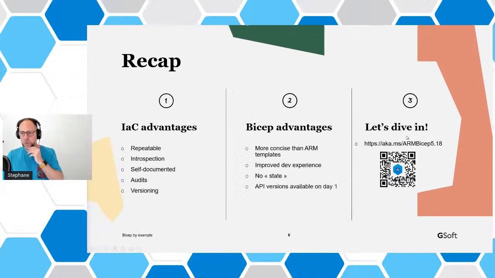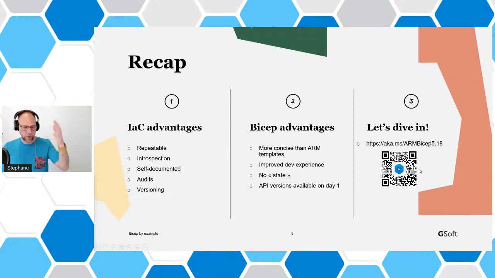Again, if you want to dive in and learn, there's a great learning path in the Microsoft docs to learn Bicep. This was just a brief overview. I tried to pick up a few interesting things, but there's a lot in there. So be sure to go check the learning path to continue learning Bicep.